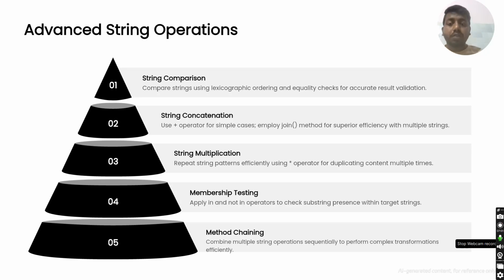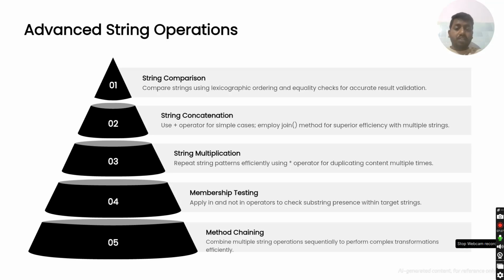So advanced string operations: string comparisons, string concatenation, string multiplication, membership testing, and method chaining. String comparison uses lexicographic ordering and equality checks for accurate result validation. Using the plus operator we usually do string concatenation, or we can also use the join operation.